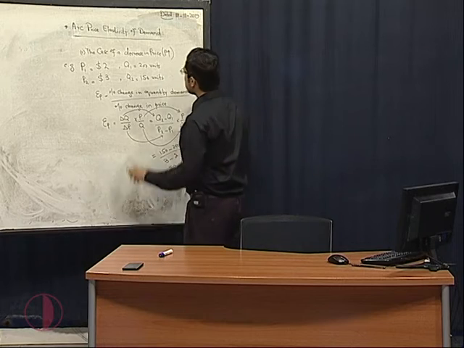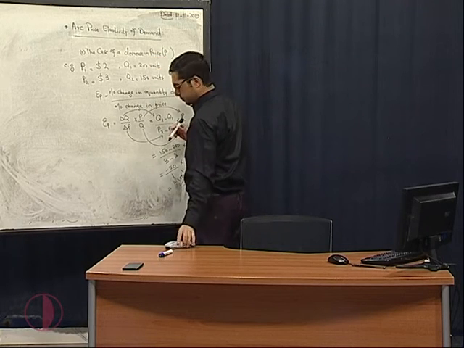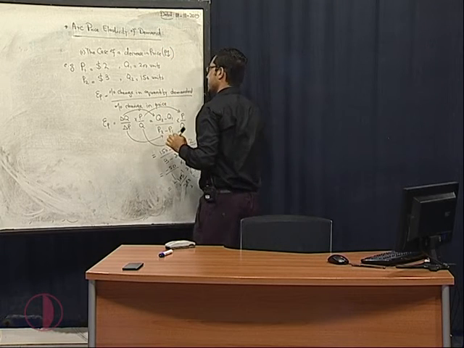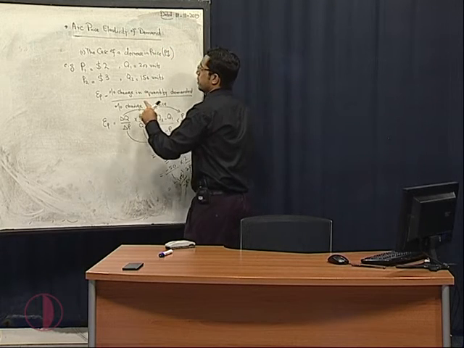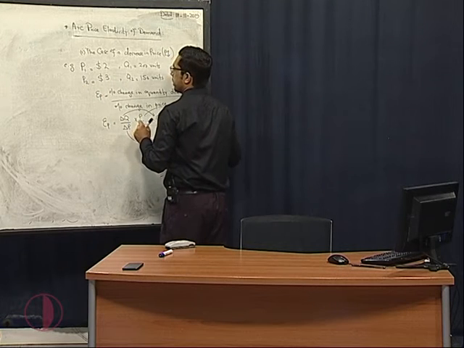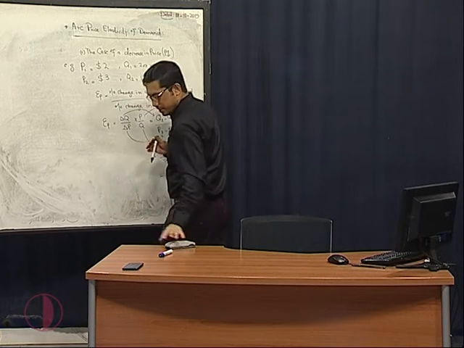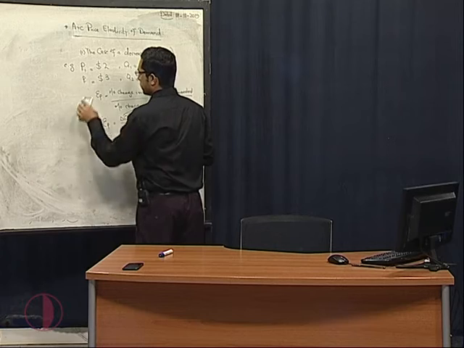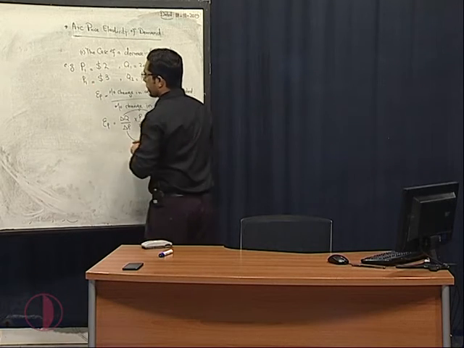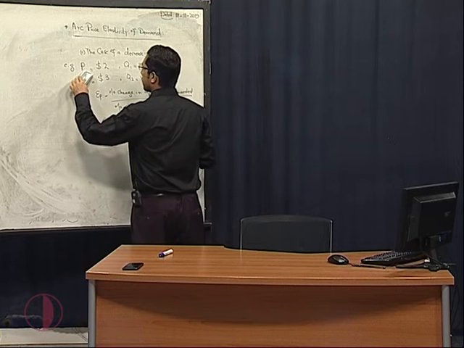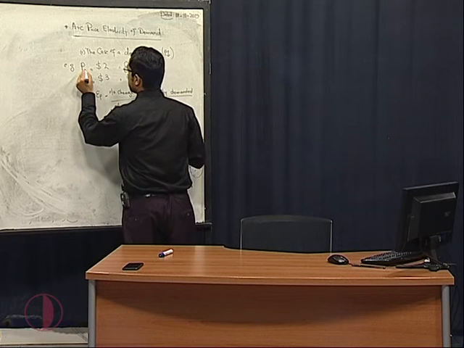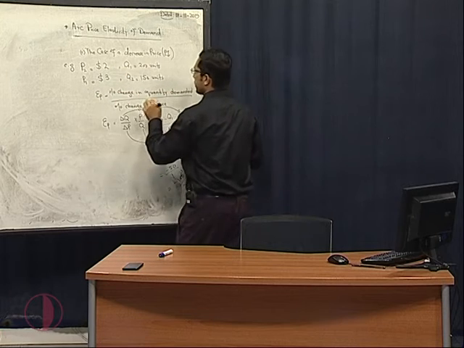For example, if the price decreases, so this was the original price and this was the new. For example, this is P1 and this is the new price, which is P2 in this example.